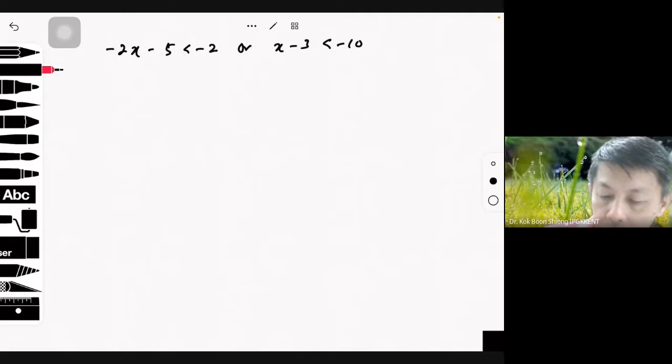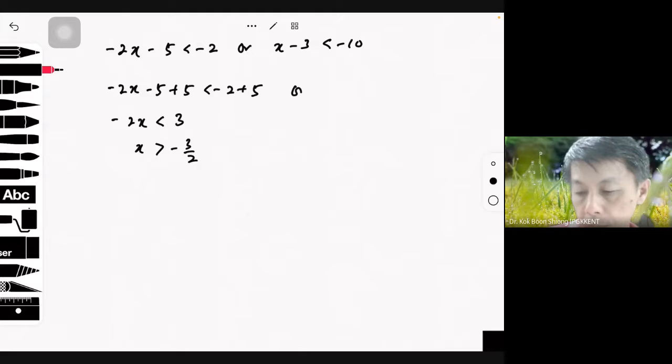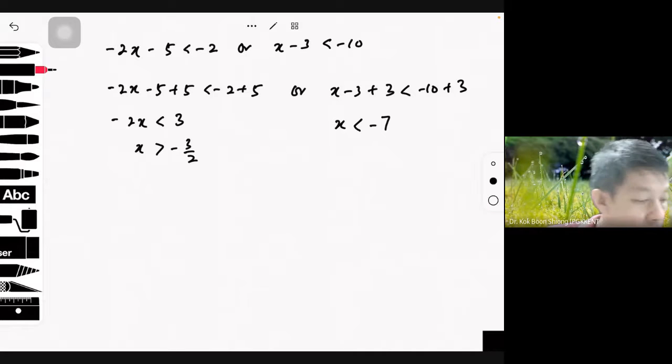We go for the first one. This side we have, so what do we have here?